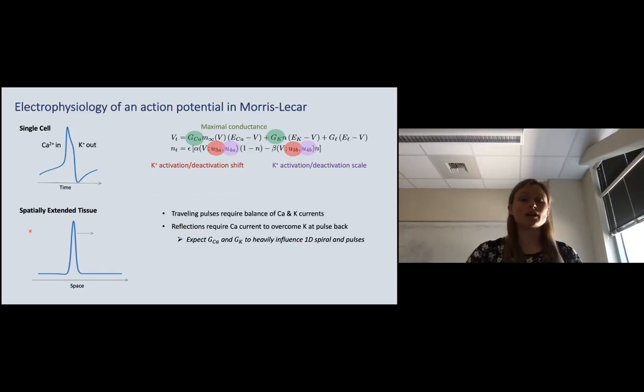Because of this balance and the need for the calcium current to overcome the potassium current, we expect that these two conductances will heavily influence both the 1D spirals and the pulses. And we already saw a bit of that in that the epsilon saddle node and epsilon star were both heavily dependent on these two parameter values.